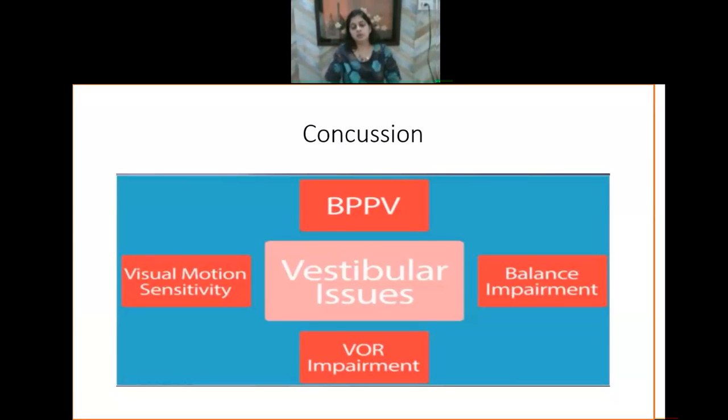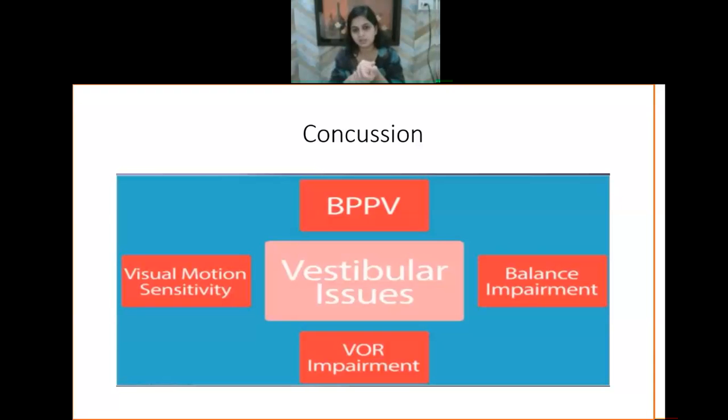Okay. So any peripheral involvement, any central vestibular involvement, any BPPV, any traumatic brain injury, we can treat those patients with vestibular rehab. Concussion. I told you concussion is coming up a lot now in athletics. Many places have accepted the role of physiotherapy in concussion.